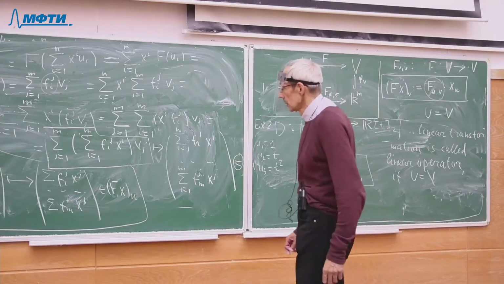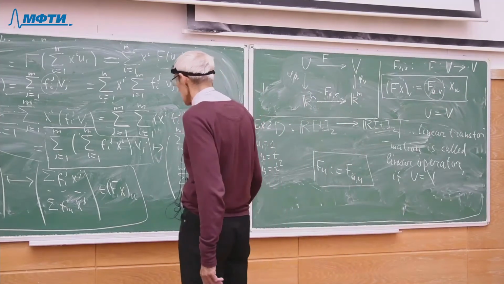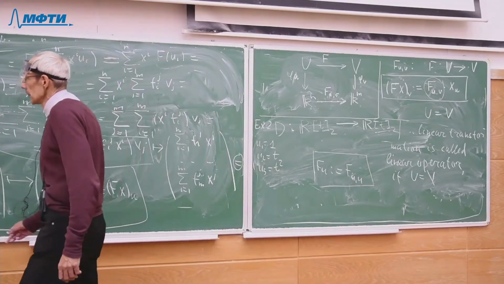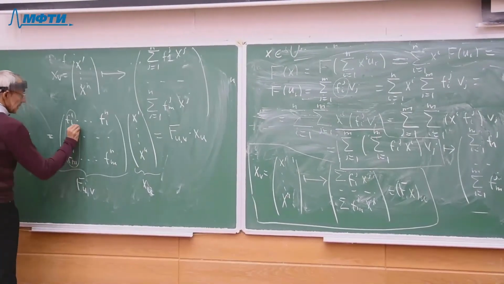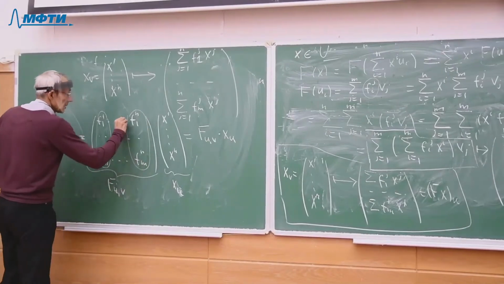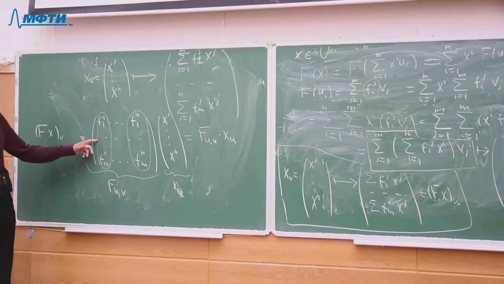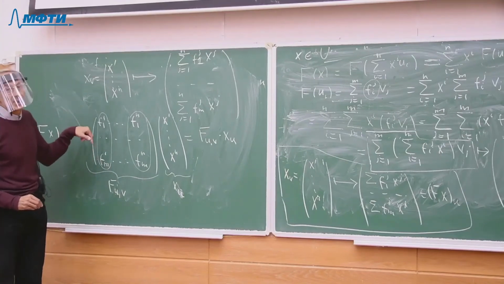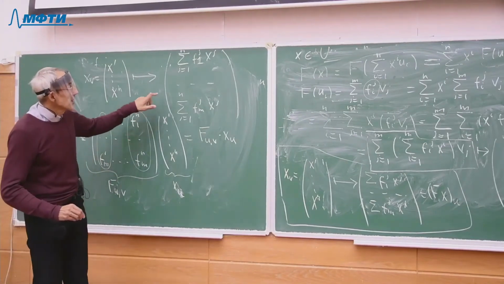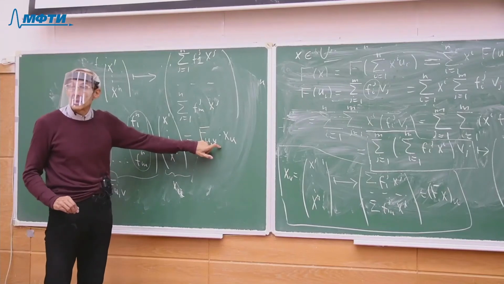How do we construct this matrix? It is easy to see that the columns of this matrix are the coefficients of the decomposition of the images of the basis vectors.